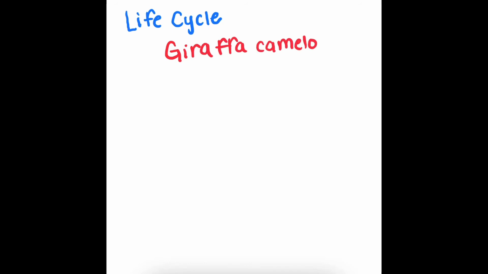So now we're gonna be jumping into the life cycle of the Giraffa camelopardalis. There's a couple stages, so we're gonna concentrate on that first, and then we're gonna jump into a little bit more detail. So stage 1 is when the giraffe is categorized as a calf.